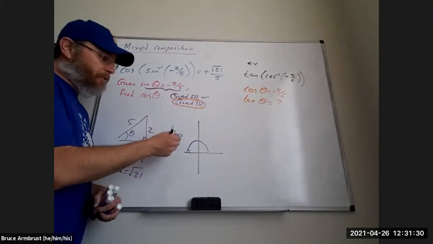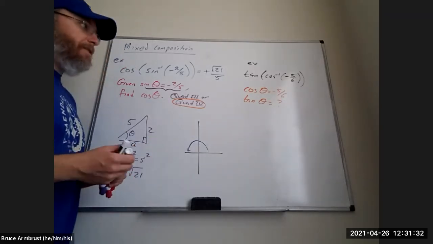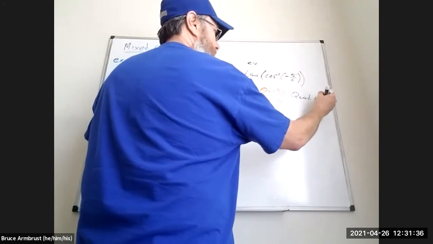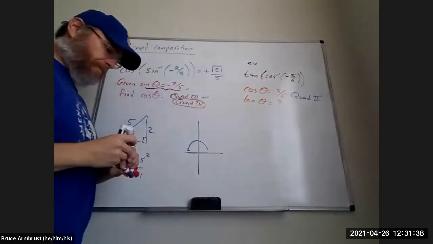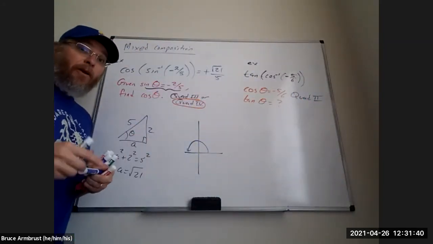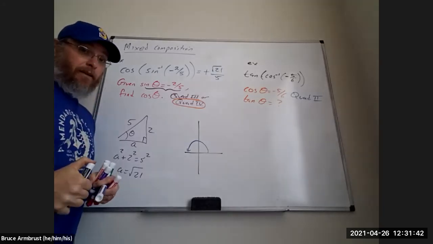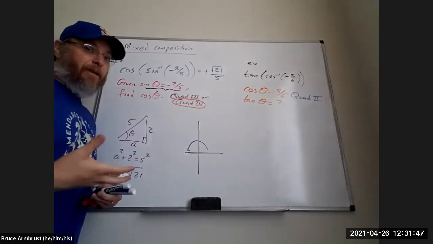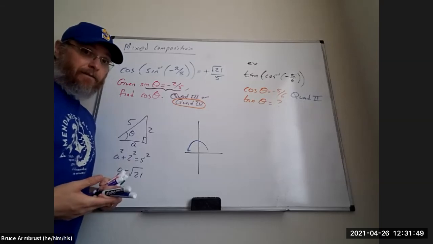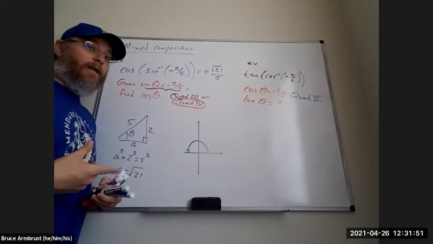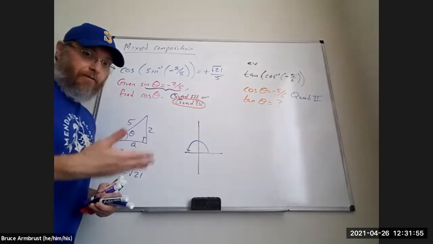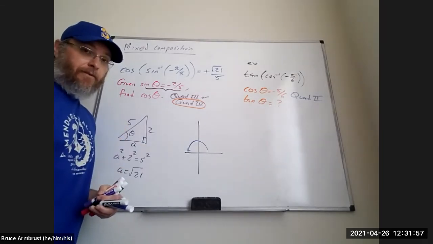Negative cosine is either quadrant 2 or 3, which put together tells me that this is in quadrant 2. So that's the thought process that you want to take on. You want to think about what quadrants give me the right plus or minus sign, and then which of those is in the restriction for the given inverse.